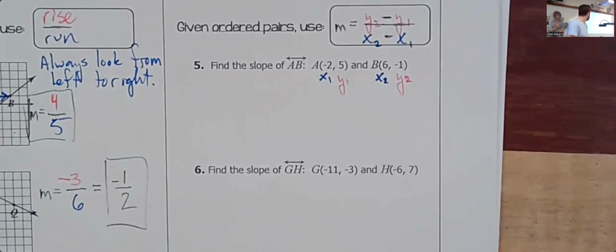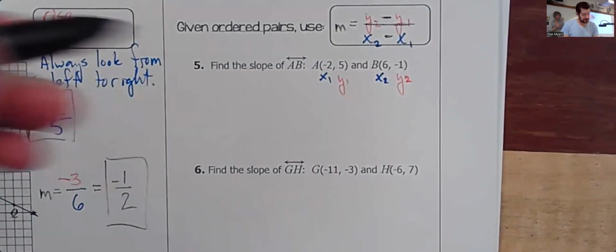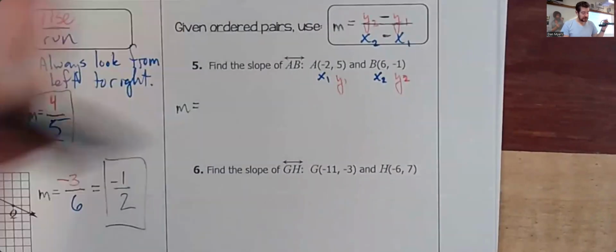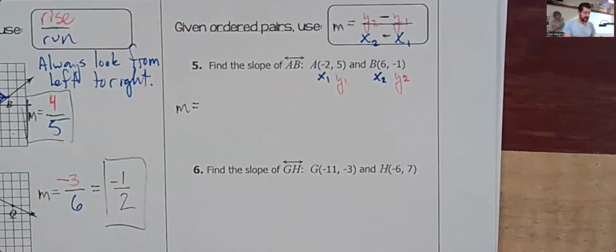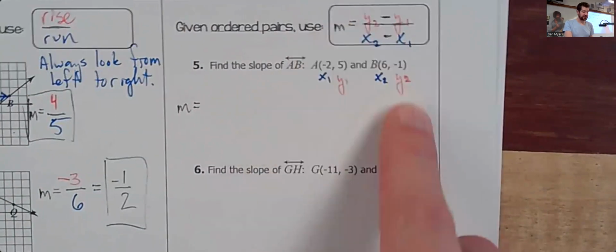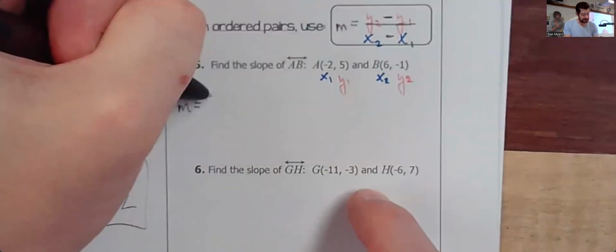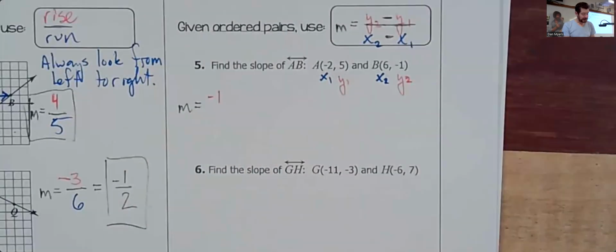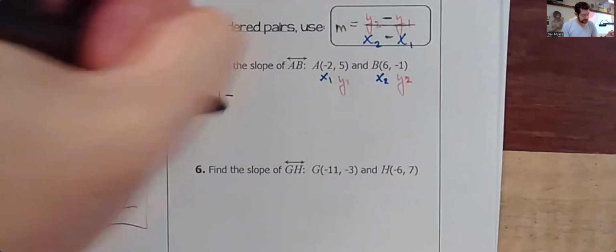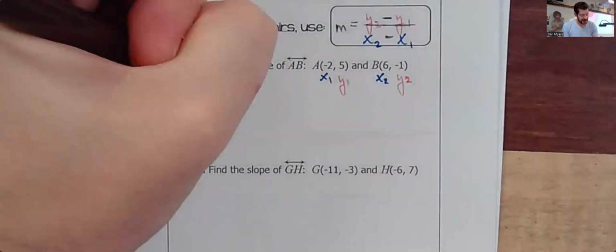So what we're going to do is just throw those into the formula real quick, do some subtraction, simplify a fraction, and then we'll call it good after that with our slope. So we got M equals, let's see, y2 is the first number on the numerator, which was -1. So we're going to write -1 minus y1, which was 5.